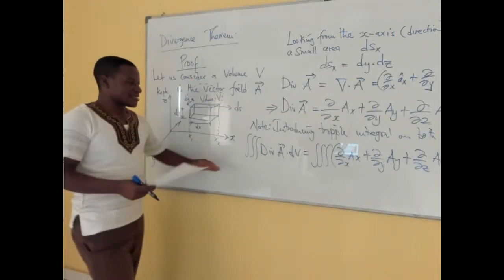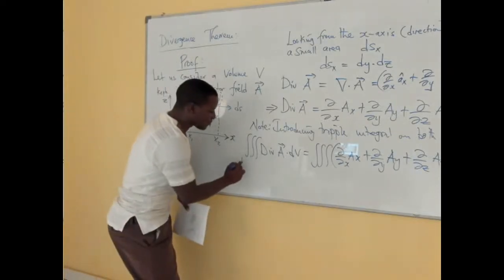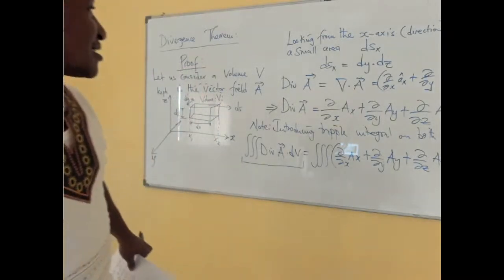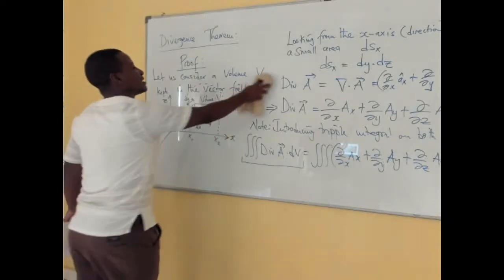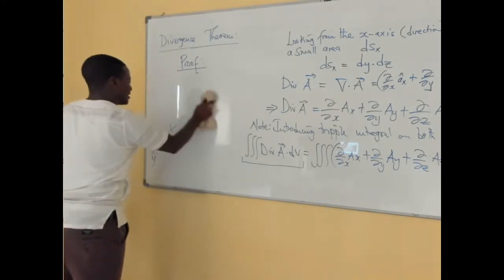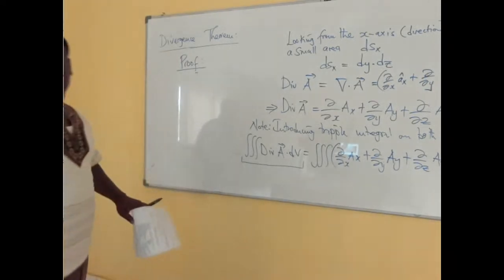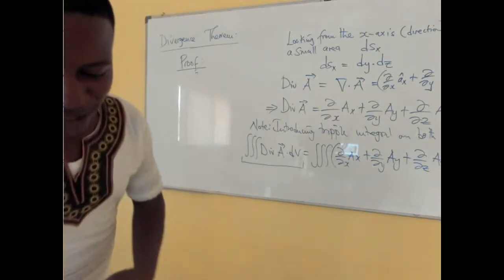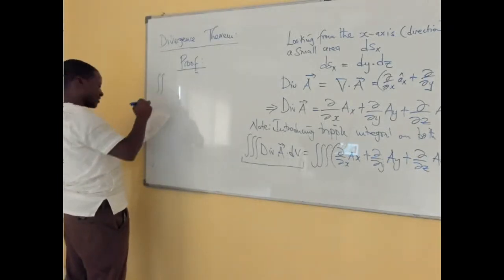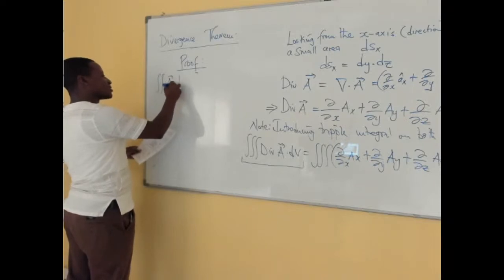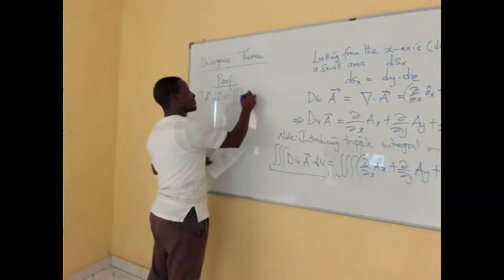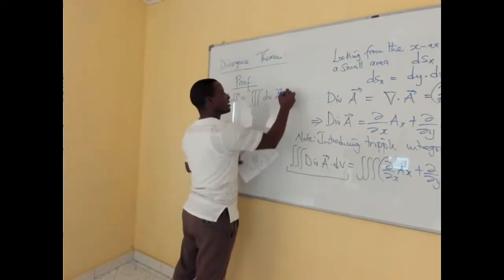Now, this is the left-hand side. If you look at this component, we have it in the equation that we are trying to prove. Remember, the equation that we are trying to prove, which is the divergence theorem, states that the double integral of A dot dS must be equal to the triple integral of the divergence of A dv.